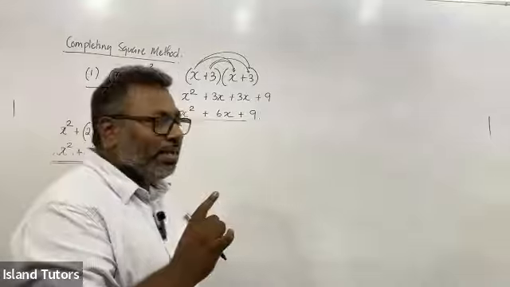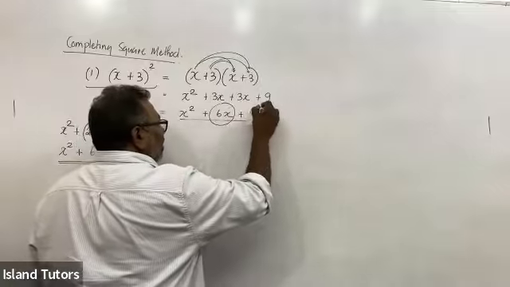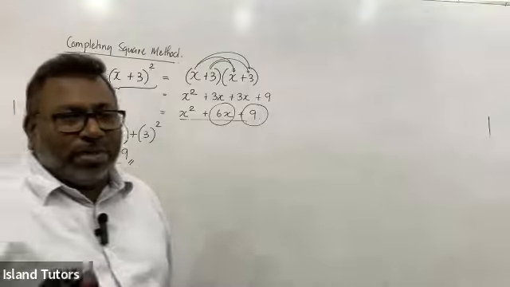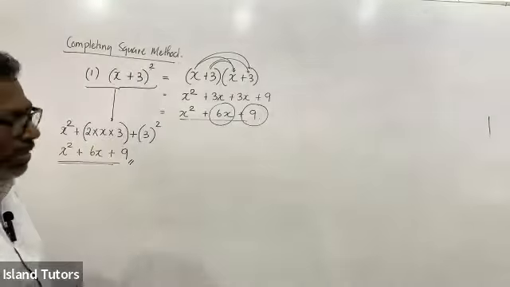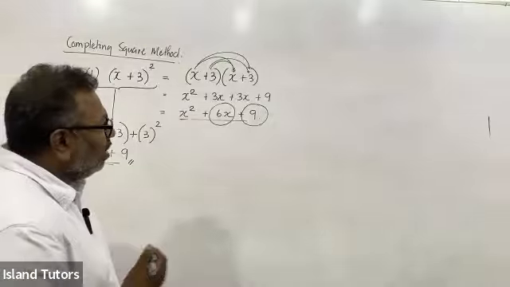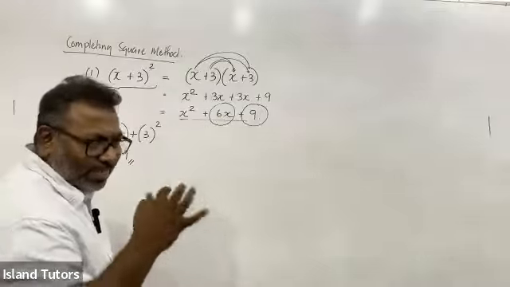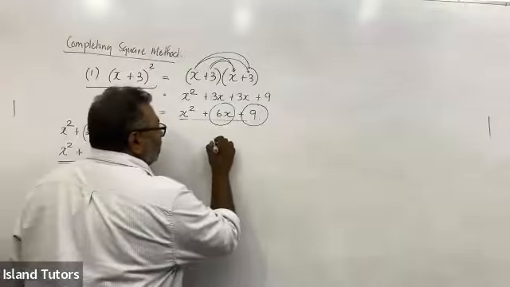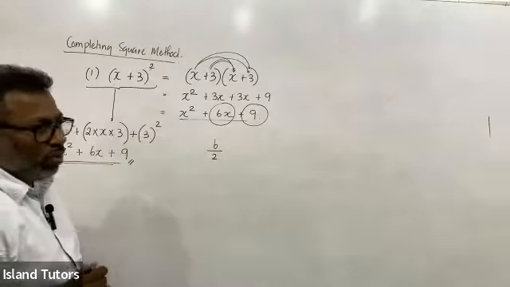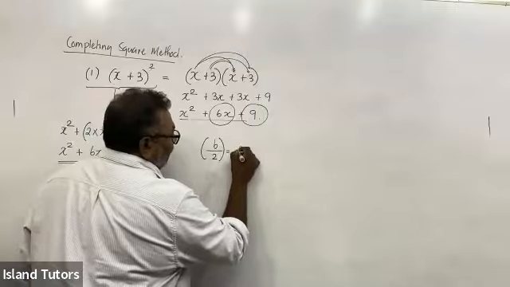There is a relationship between your second term and this. Now, what is this relationship? This is what we call the completing the square method. So what you need to do in the completing the square method is you take the middle term and you divide it. So 6 divided by 2, you're going to get 3.